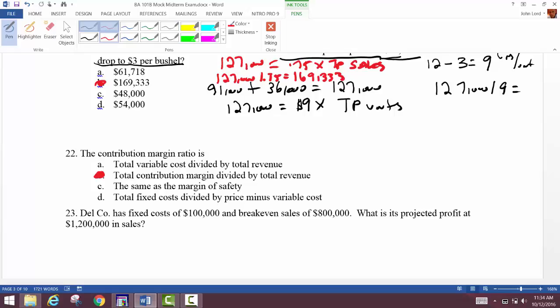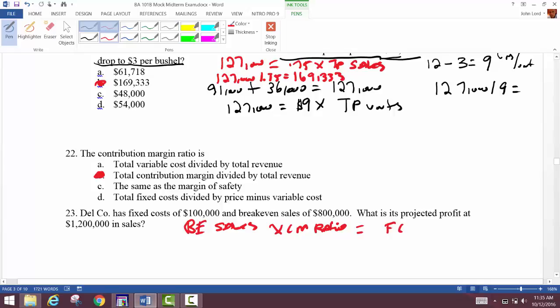Now, the way I would have had you set this up is you first want to make sure that you know that the break-even sales times my contribution margin ratio has to equal my fixed cost, doesn't it?